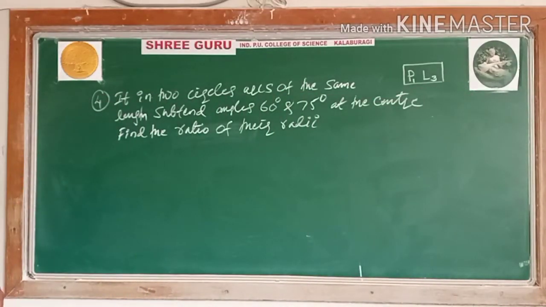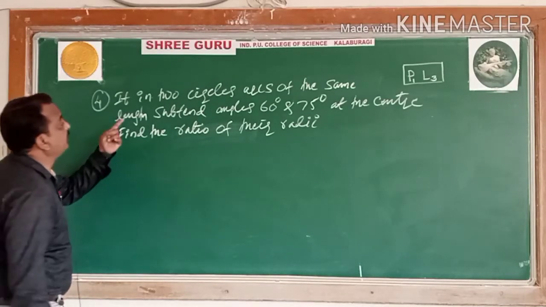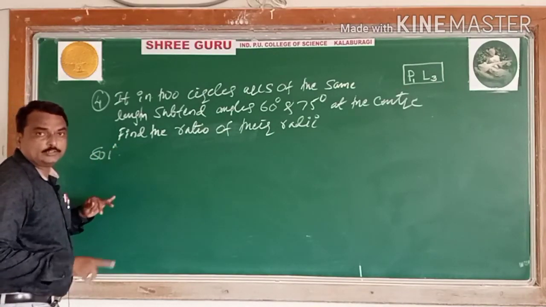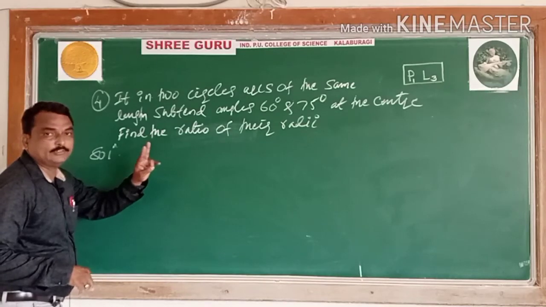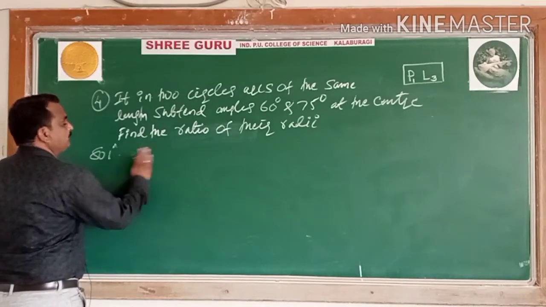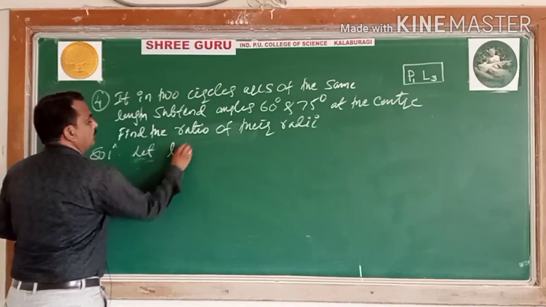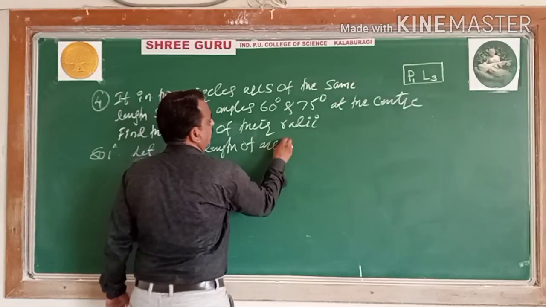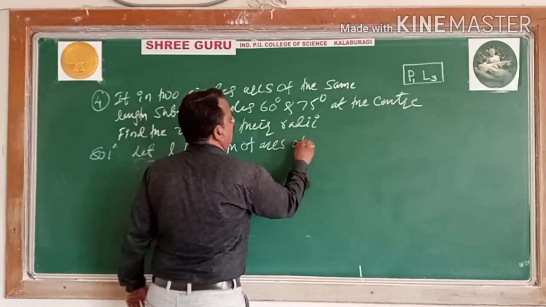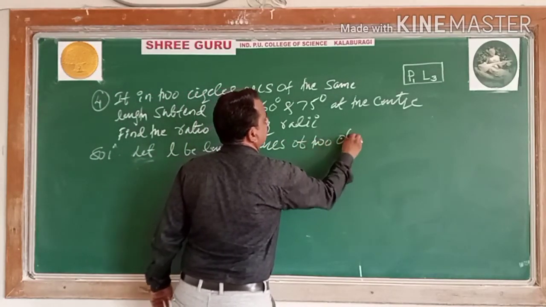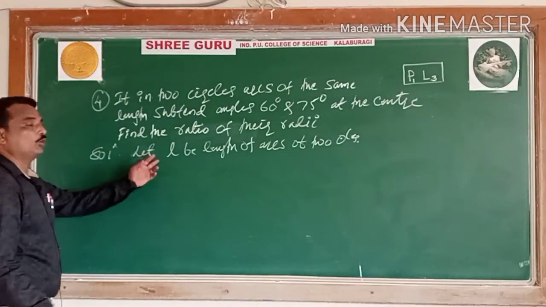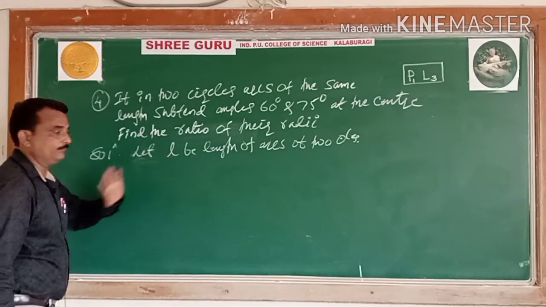Let L be the length of the arcs of the two circles. I have taken the length of an arc of both circles as L only.